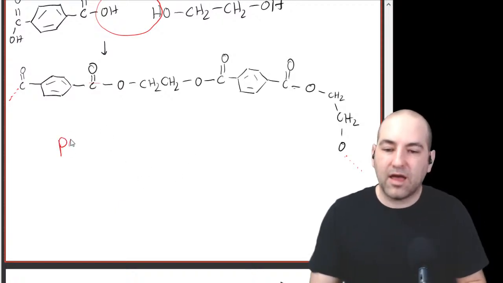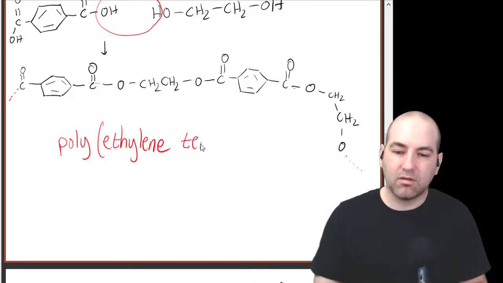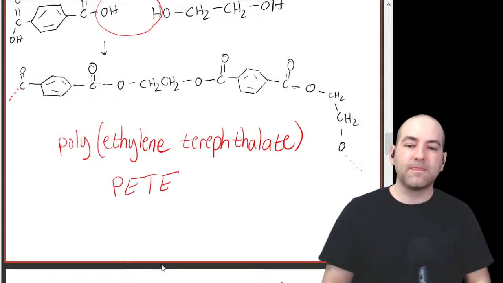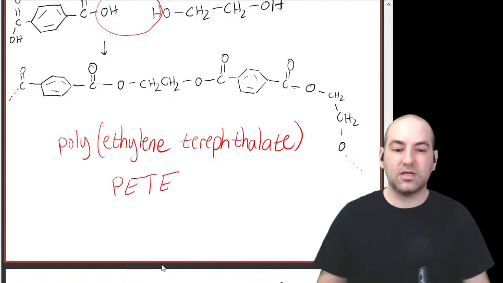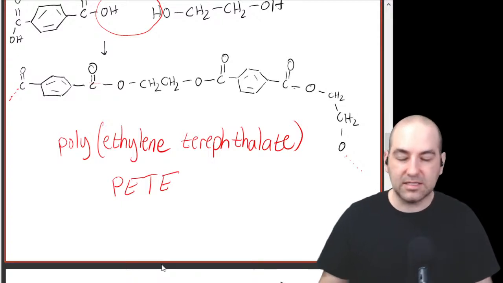And this is known as polyethylene terephthalate, or PET, or sometimes PETE. So this is the most common polyester because this is what's used in bottles. So things like water bottles, pop bottles, juice bottles, all that kind of stuff, that's PETE.